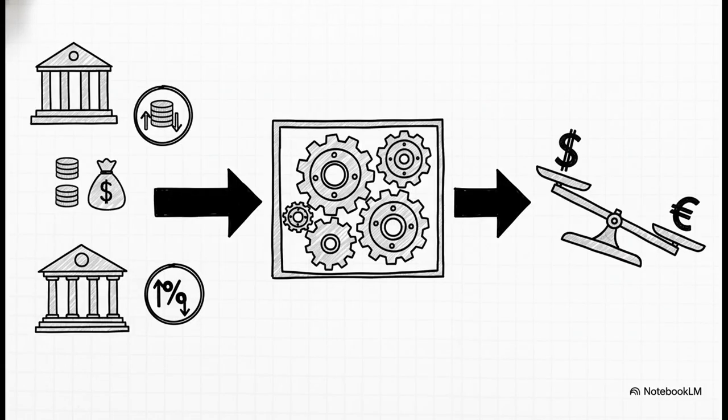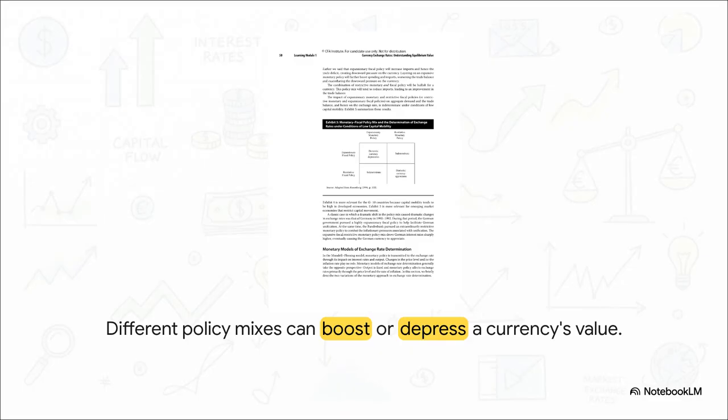This leads us right to the Mundell-Fleming model, which is a fancy way of showing how a government's big decisions directly steer its currency. When a central bank messes with interest rates or when the government changes its spending plans, those actions don't just happen in a vacuum. They create waves that ripple right through the economy and hit the exchange rate. And this matrix here maps it all out for us. So on the vertical axis, you've got monetary policy. Is it easy or is it tight?